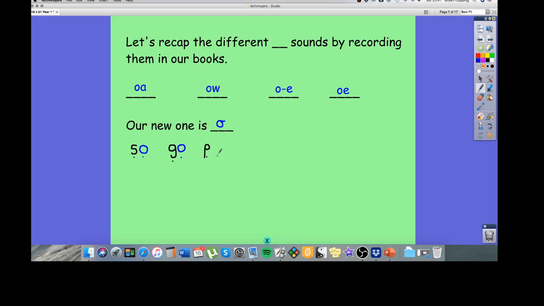P, O, not O. I suppose it could be potato. I'm getting better at writing with the mouse. Look at me. Won't need a pencil soon. There we go. And let's put our sound buttons in. P, O, T, A, T, O. Potato.